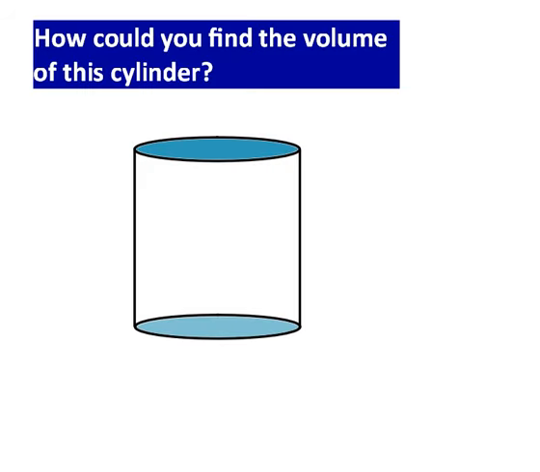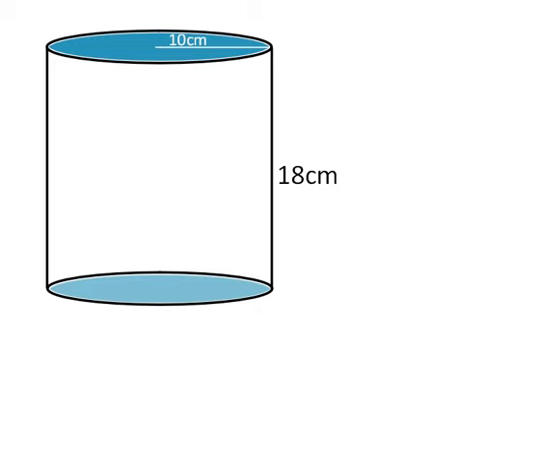Okay, how would you find the volume of this cylinder? Well, you need to find the area of the face at the top that runs all the way through. It's the same face. If you know how to find the area of a circle, then this will be no problem. And then you multiply it by the depth or height of the cylinder. The radius of the circle is 10 centimetres and the height of the cylinder is 18 centimetres.